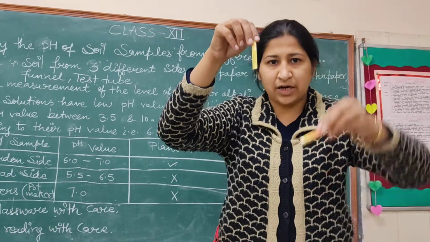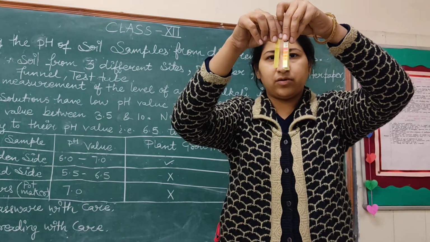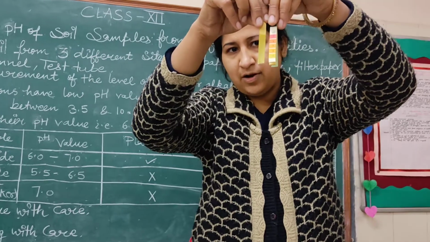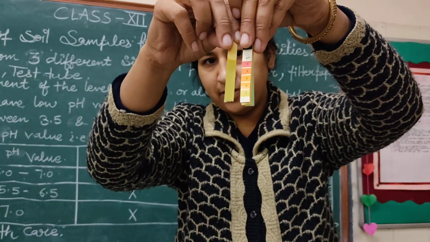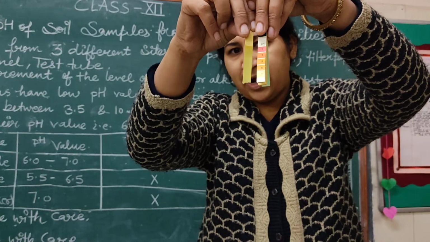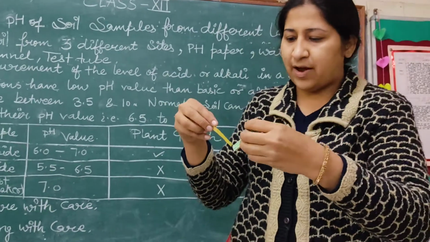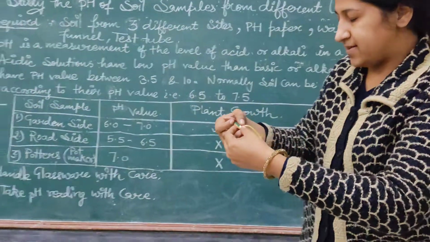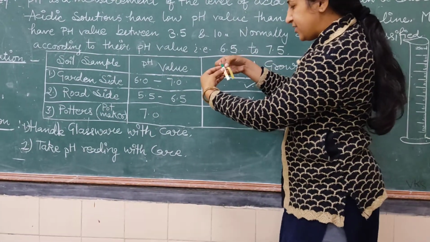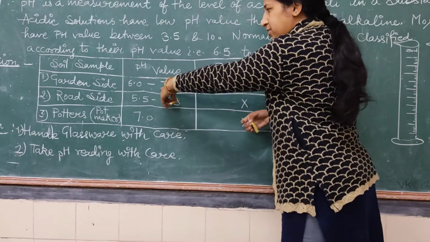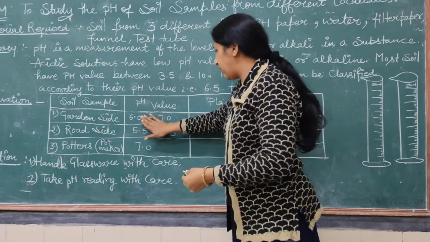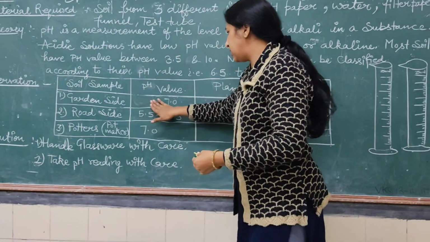We will match the color of this. What is the pH? Look. This is the garden side, and the pH is in the 6.0 to 7.0 range. We can write that it is 7.